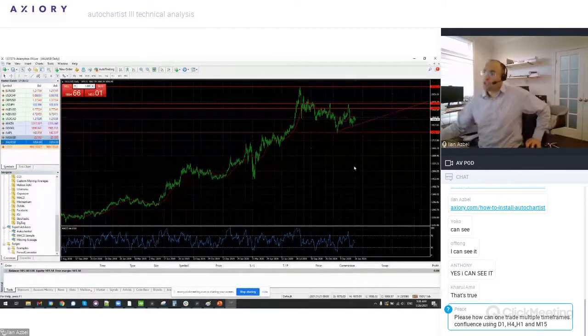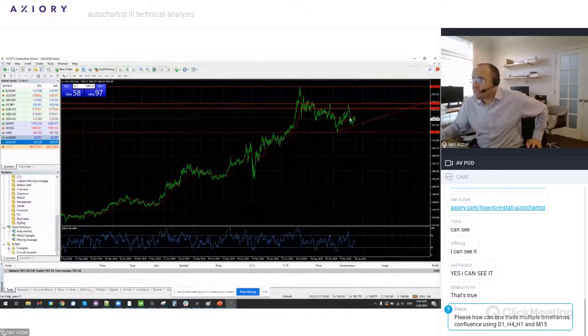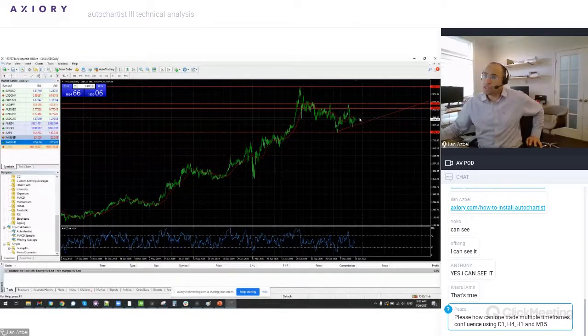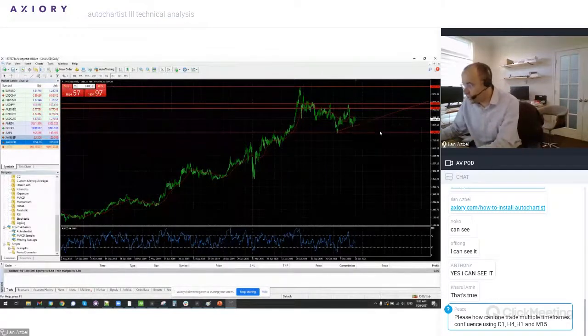Right now the moving averages and the RSIs are saying nothing to you because it's a sideways market. Let me remove all these lines.